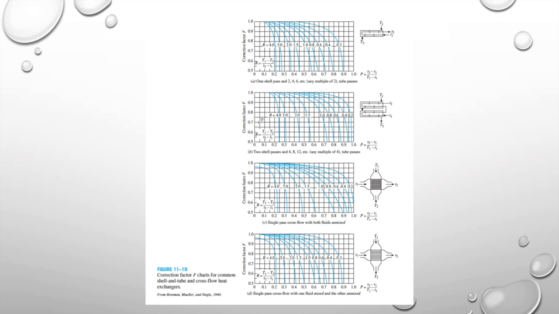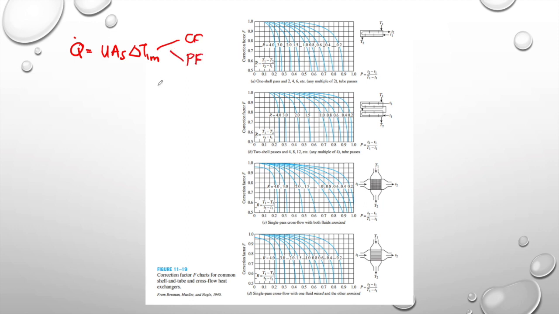But now we have multipass. So what we have to do is include a correction factor. Previously we know that Q dot is UA delta T log mean. Now this is for the counter flow and the parallel flow.